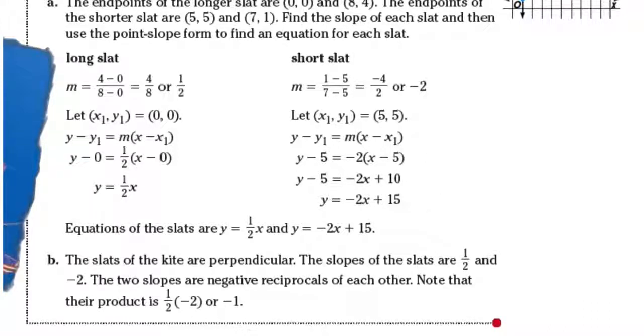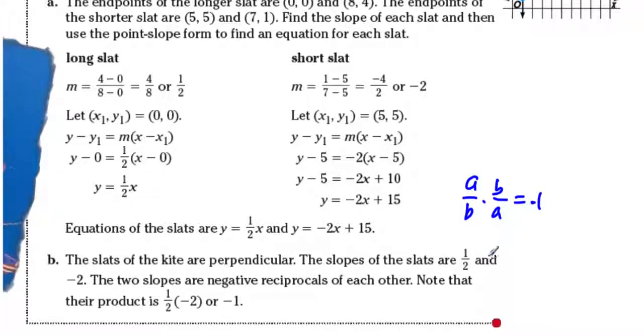Okay, if you're confused with that statement, when you talk about reciprocals, a reciprocal of a number is such that a over b times b over a is equal to 1. So their product is equal to 1. When you say negative reciprocals, instead of 1, it becomes -1. So that's a negative reciprocal.